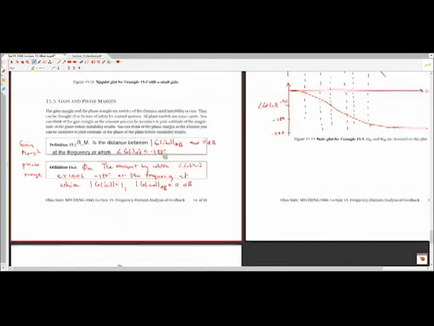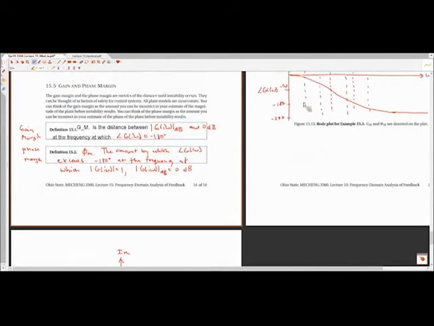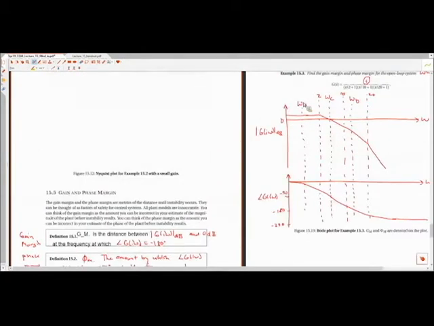But if we look at the definition for gain margin, Gm is the distance between G of i omega, in decibels, at the frequency at which the phase is equal to negative 180 degrees. The easiest way to see this is actually on the Bode plot, and we're going to draw these on both so you can see the correspondence between them. Let's look at the frequency at which the phase is equal to negative 180 degrees.